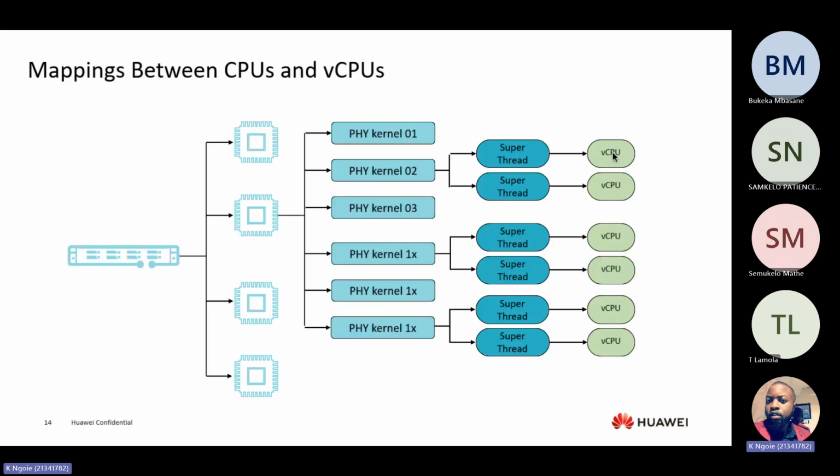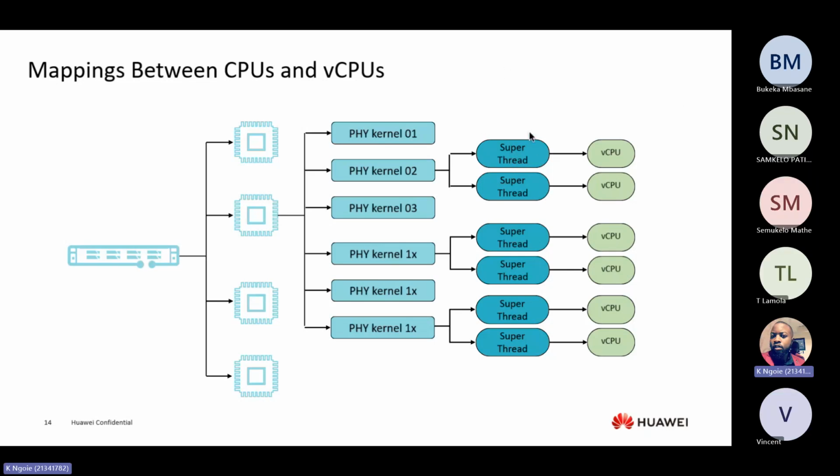The number of vCPUs running on a certain node can exceed the actual number of physical CPUs. This means we can allocate many virtual CPUs to the virtual machines.